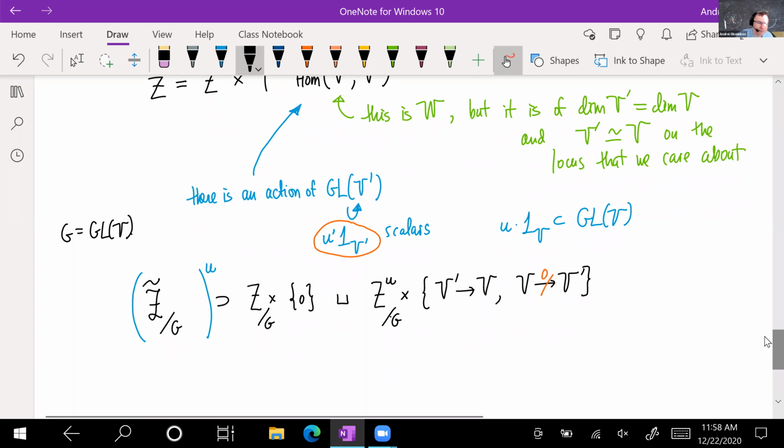And so now, since I started confusing myself, let me look at my notes.